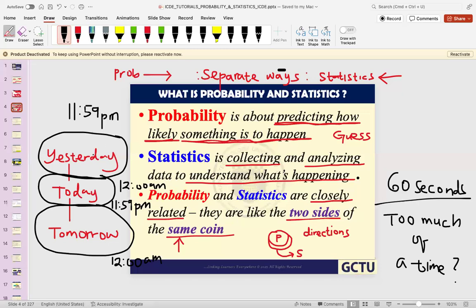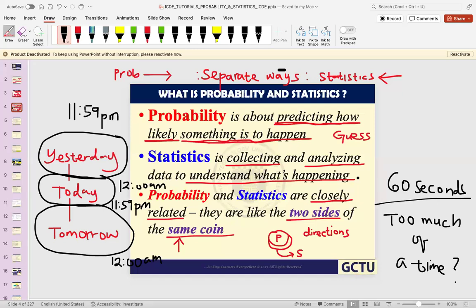If yesterday and today are forming a coin, yesterday and today cannot be on the same side of a coin. Yesterday will be at the first side of the coin. Today will be at the second side of the coin. Then when you take today and tomorrow, today may be at the first side of the coin.